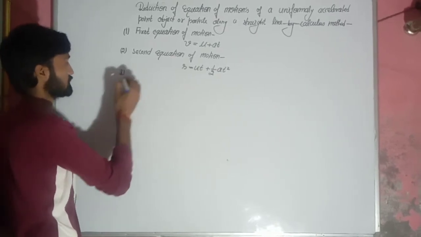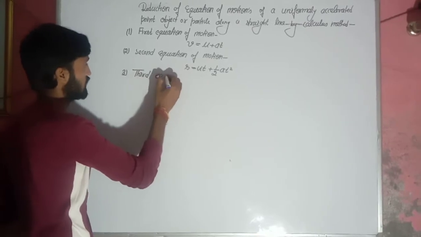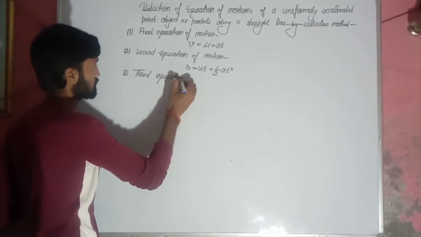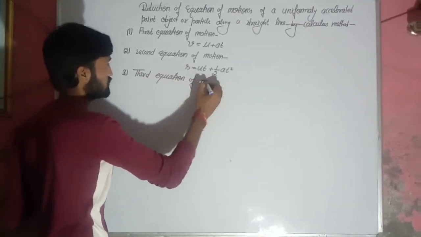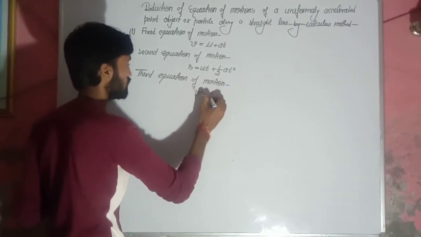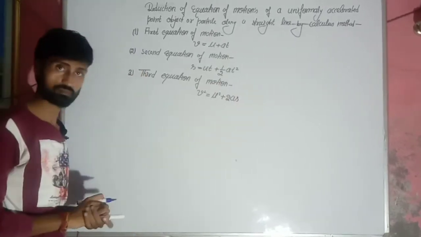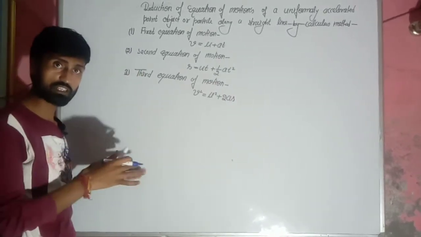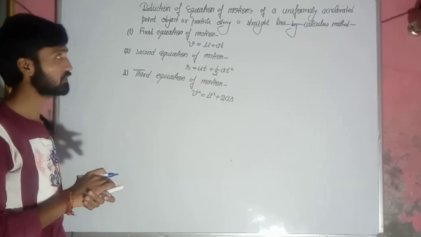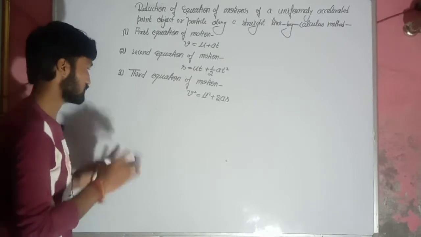And third equation of motion: v square equals u square plus 2as. Now we will derive these equations of motion with the help of calculus method. So first of all we take the first equation of motion.